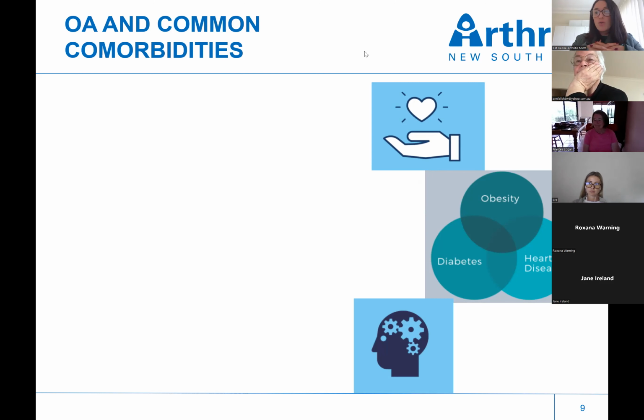We don't see who says what, we just see the end result in terms of how many people selected what, okay? I'm going to put up a poll that includes the most common comorbidities for those people with osteoarthritis. So I'm going to launch that now, and you will see that pop up on your screen. If you could participate, that would be wonderful.